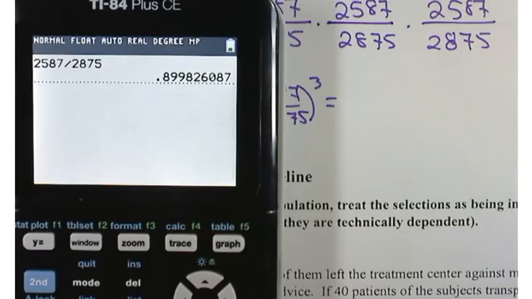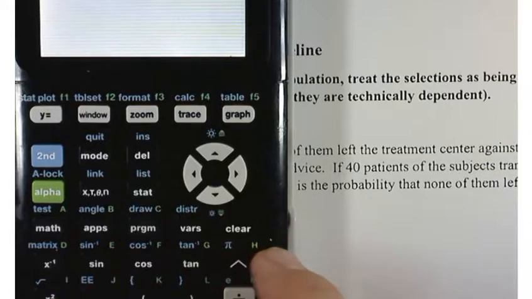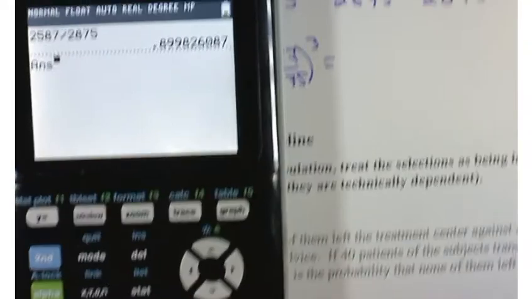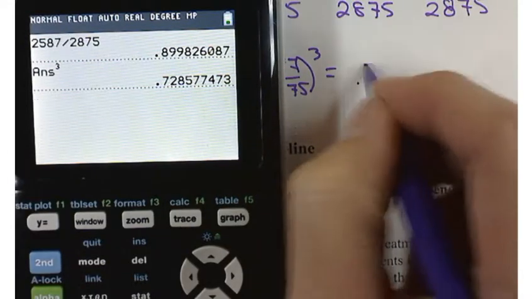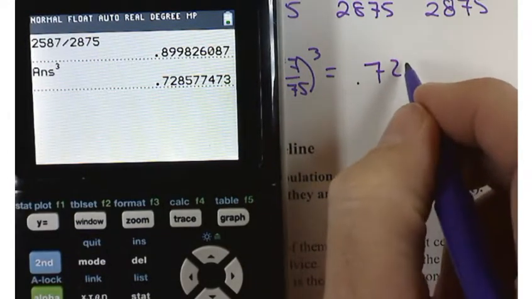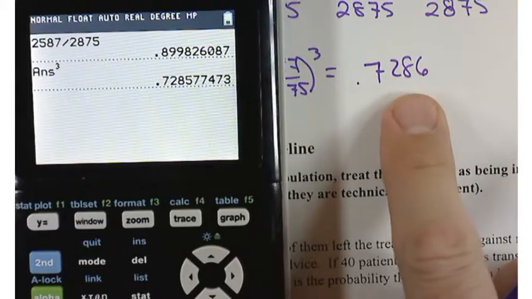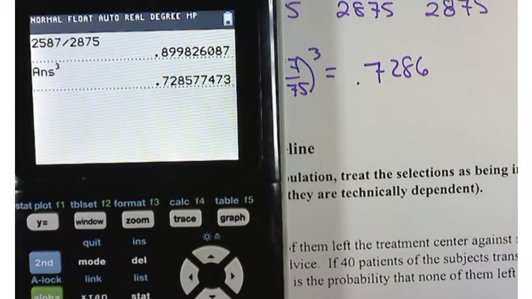So I've got that one. Hit the up arrow key that you use for exponents and raise that to the third power. There you go. Did it make much of a difference calculating it this way? We get the percentage of about 0.7286. Is this much different than what we calculated the first time?